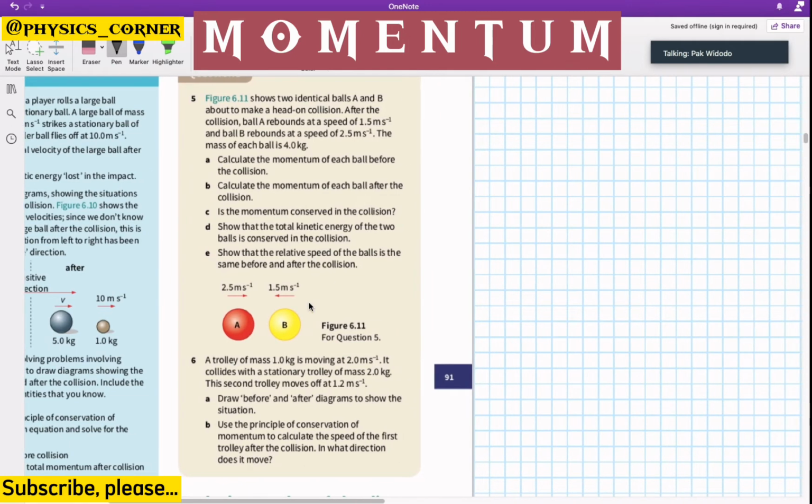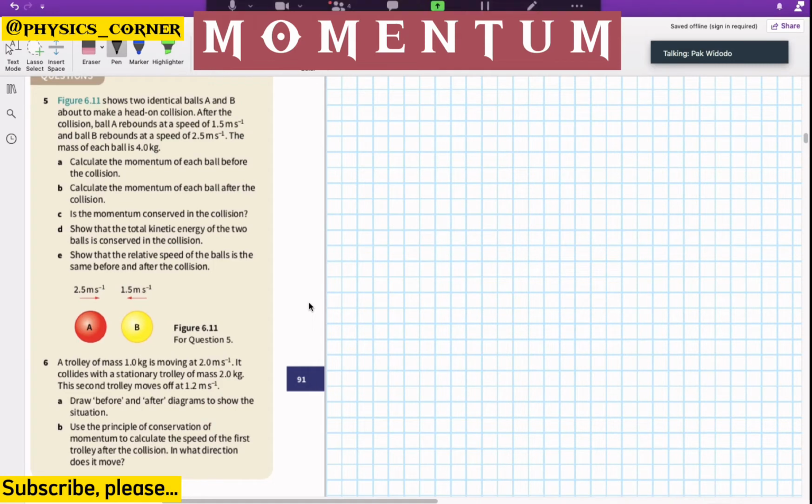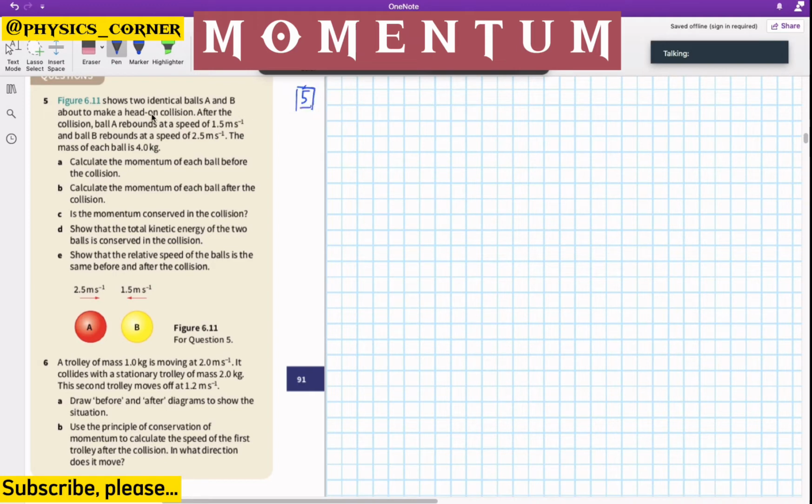Maybe we try to solve this question here, number 5 or number 6. Let me check one by one. Question 5. Figure 6.11. Two identical balls, identical means the mass is the same, are about to make a head-on collision.